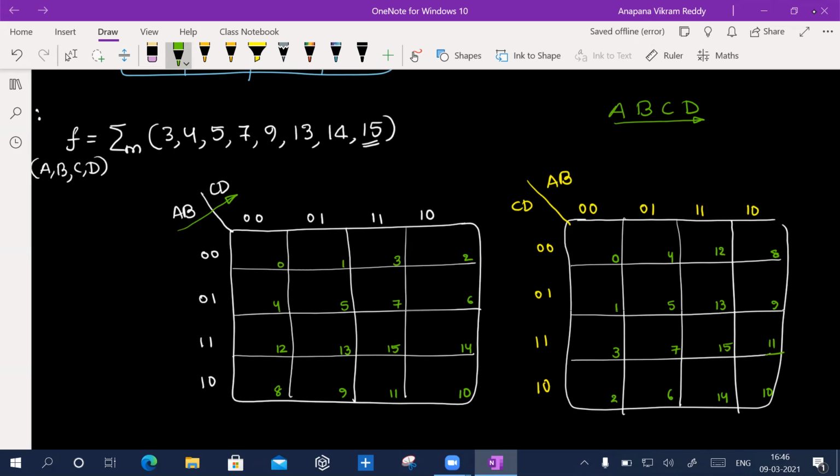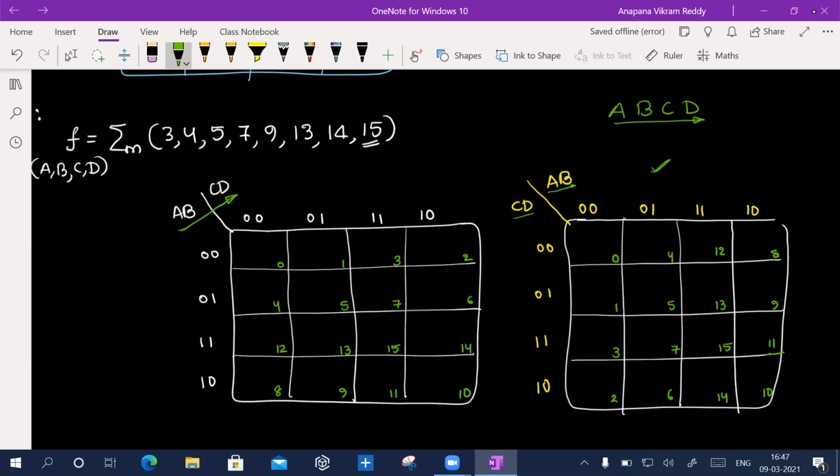But if I go like this, I start from A, then B, then C, then D, so this is somewhat inconvenient to go with. But somebody may feel this is more convenient than this one. So it's all up to you. Whichever you want to choose, you choose. You will get the same answer. The answer will never change. Don't worry.